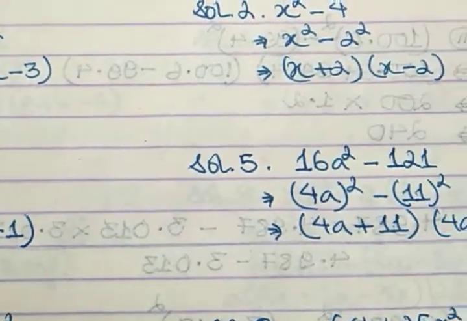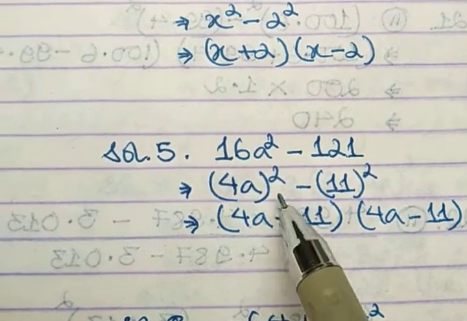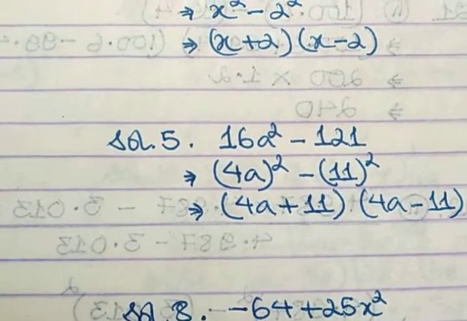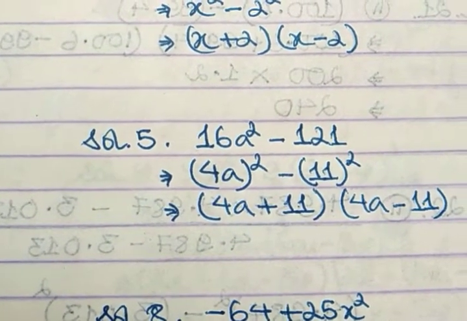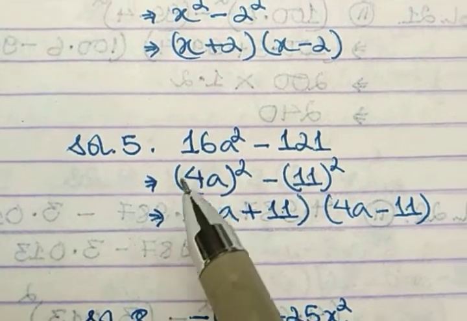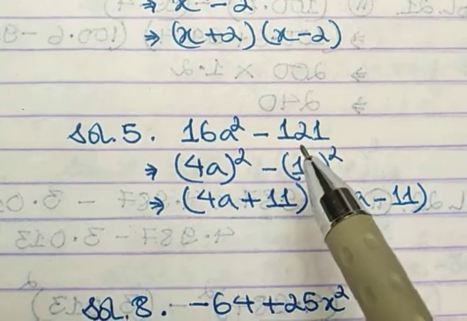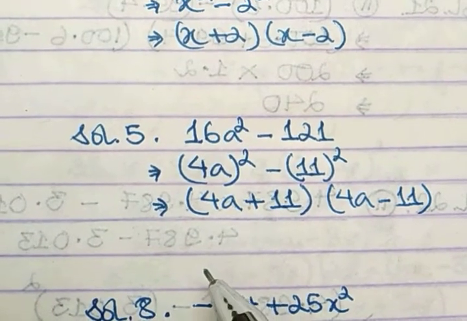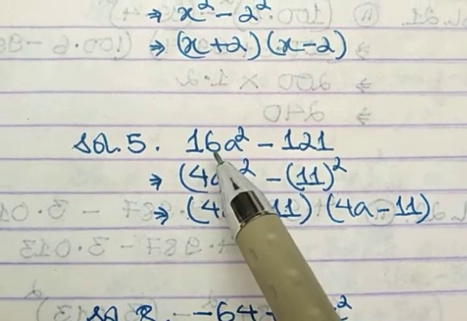In question number 5, we have 16a square minus 121. Look at what I said previously: we need to know the perfect squares of numbers. 16 is a perfect square of 4. Similarly, 121 is a perfect square of 11. So it's 16a square. Remember, this square is just for a, not for 16.